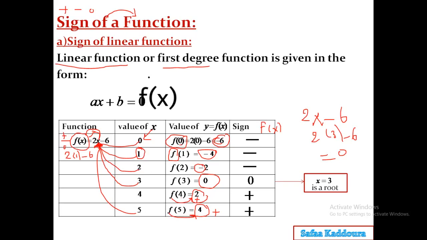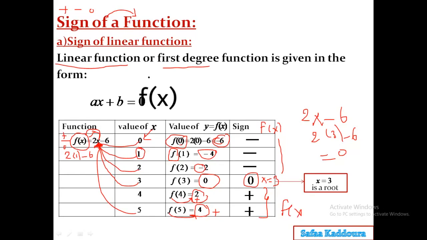Now I want you to notice that when x equals 3, the value of f of x is 0 because 3 is the root. Before the root, all the values of f of x were negative, and after the root, all the values of f of x are positive.